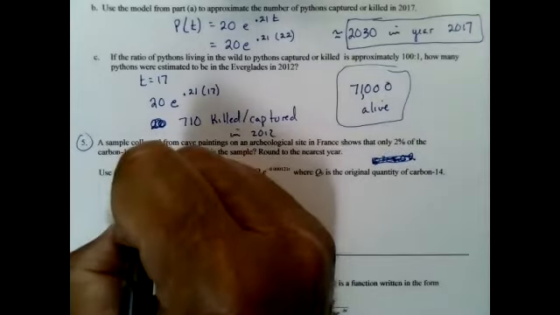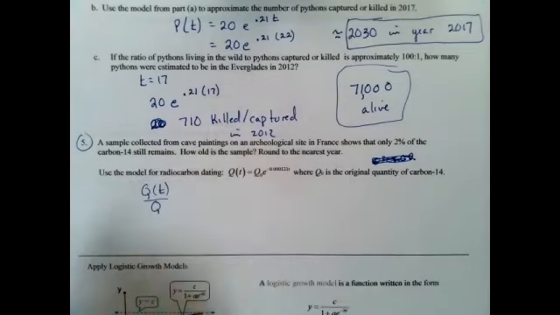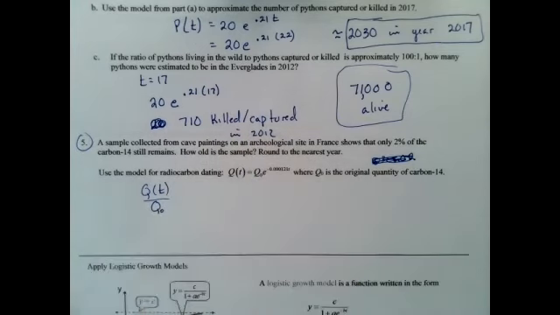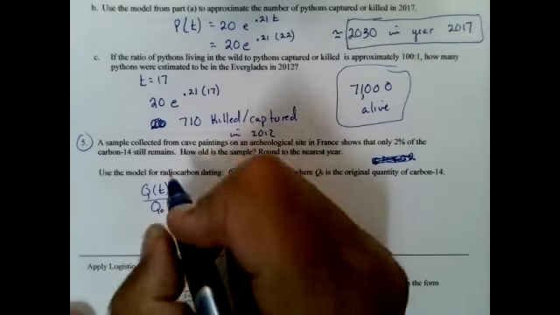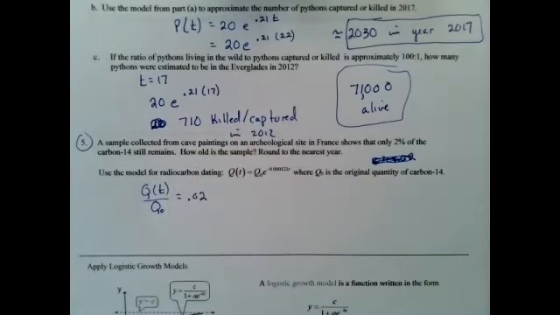So if I divided Q of t by Q of 0, that would give me this 0.02. Unless you're really into carbon dating, for you to set this up would have been very difficult.